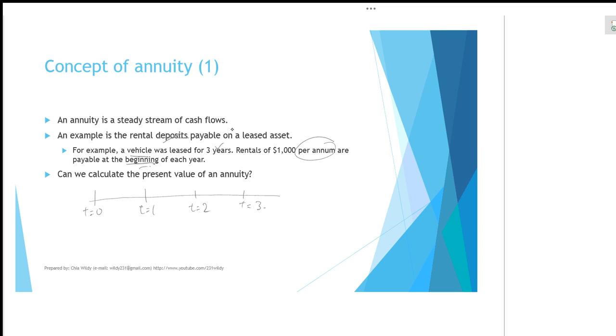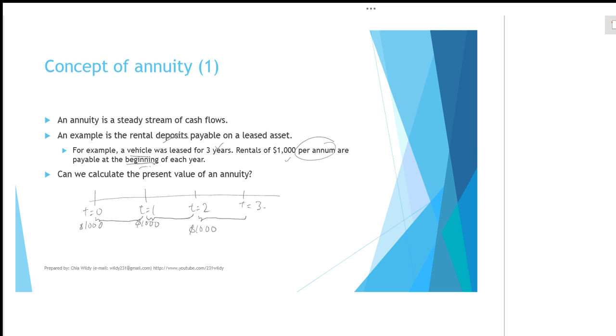So what happens is that this 1,000 will be payable at the beginning of each year. If this 1,000 is paid at T0, it would be meant for the following 1 year period, whereas this 1,000 here will be payable for the period up to T2. And here, for the period until T3, the amount payable is 1,000.